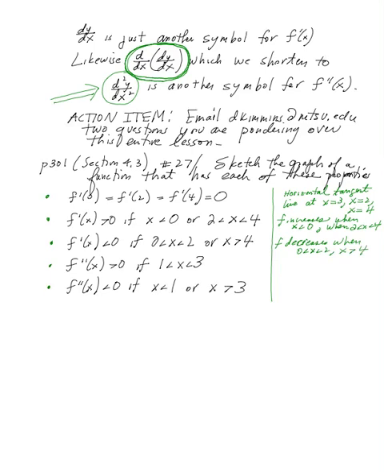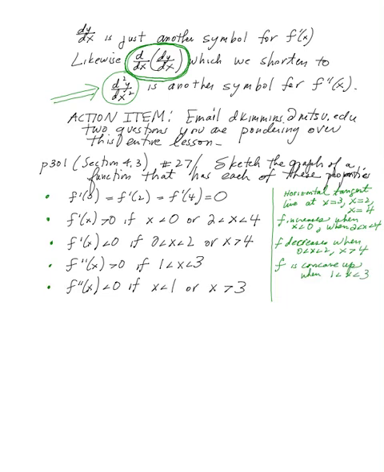How about the second derivative being greater than 0 when x is between 1 and 3? What does that tell us? Tells us f is concave up when x is between 1 and 3.